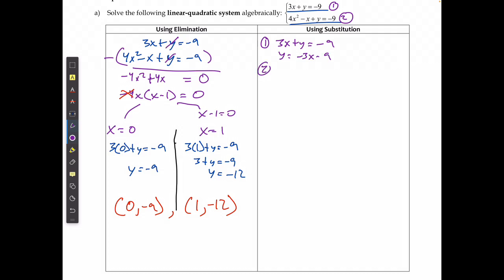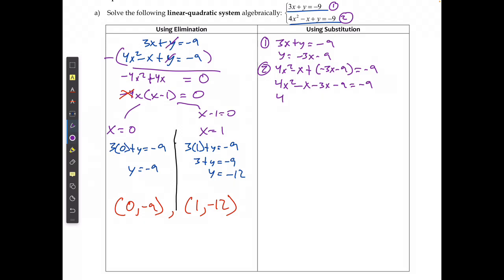I'm going to substitute that into my second equation: 4x squared minus x plus -3x minus 9 is equal to -9.